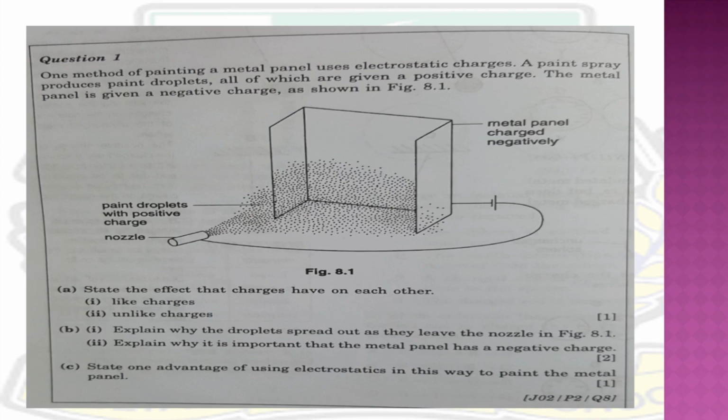Now what you have to find, students: in A part you have to state the effect that the charges have on each other. Number 1, like charges. Number 2, unlike charges. And in B part, you have to explain why the droplets spread out as they leave the nozzle in figure 8.1. And also you have to explain why it is important that the metal panel has a negative charge.